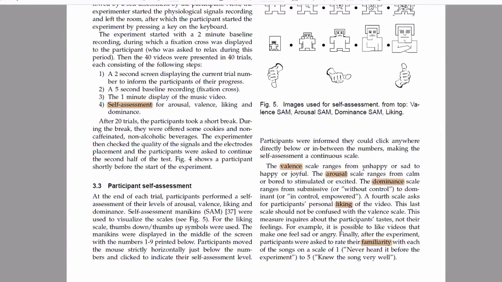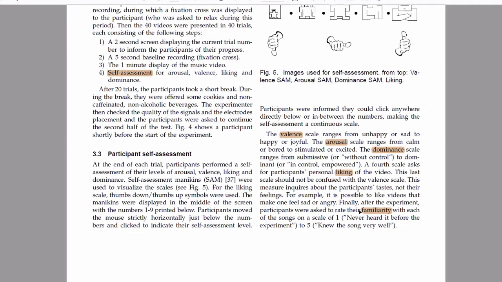Valence ranges from unhappy or sad to happy or joyful. Arousal means you are either calm or bored or excited. Dominance means you're submissive or dominant. And liking is whether you personally like the video or not. They also added one more scale, which is familiarity.